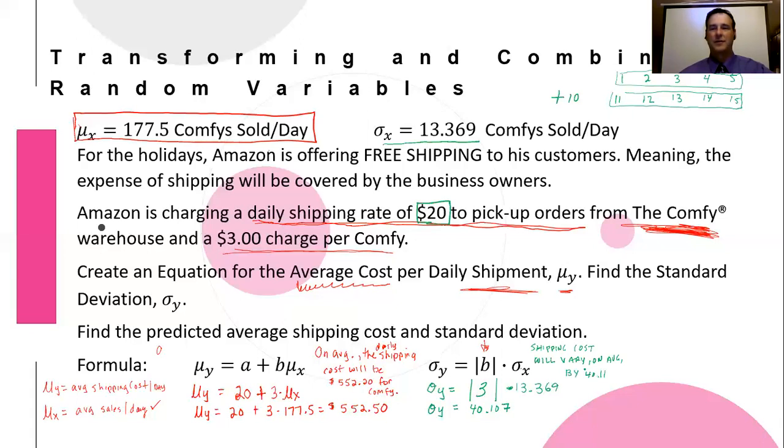I'll just round it because we're talking about money, $40.11 from the shipping need. Okay, so it's not always going to be $552.50 to ship your items. Sometimes it'll be a little bit more, sometimes a little bit less, but on average, for each day that you're shipping something, it will vary by about $40.11. Okay, I'll put that in there too, per day, each day.